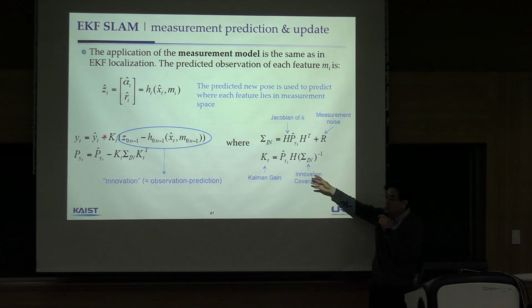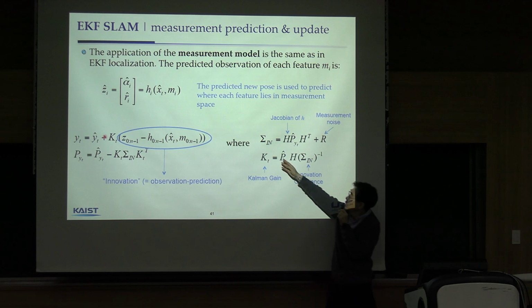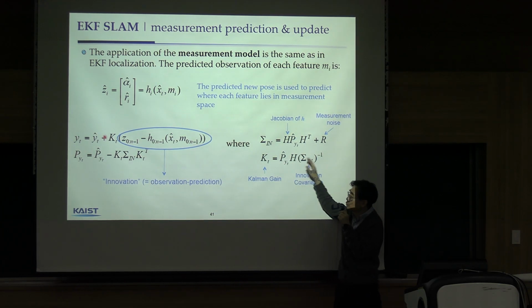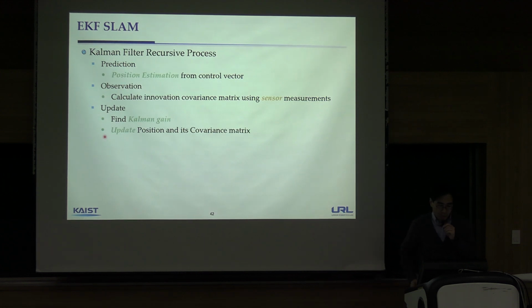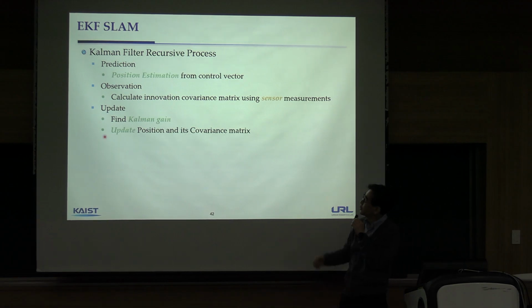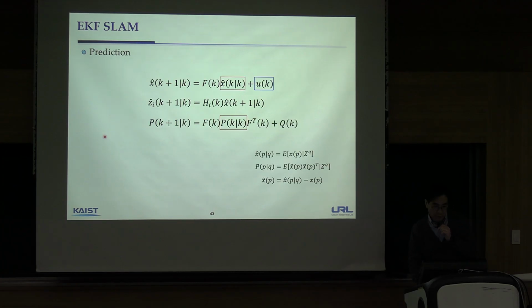So you use the standard Kalman filter equation. So innovation covariance and Kalman gain could be automatically obtained using the previous Kalman filter equation. So we again revisit this Kalman filter recursion: prediction, observation, update. We already have seen that.